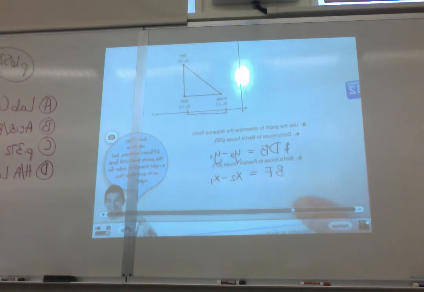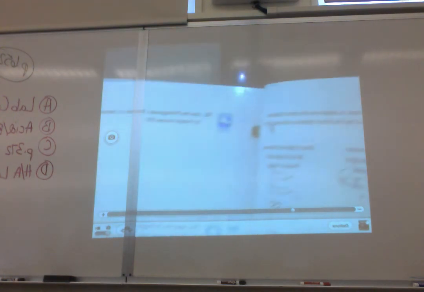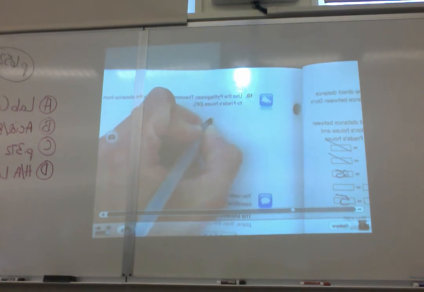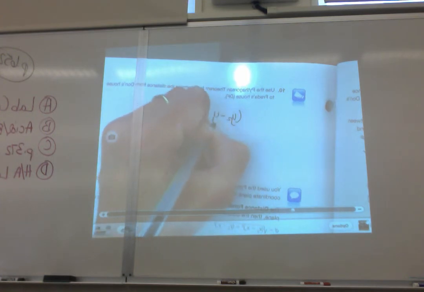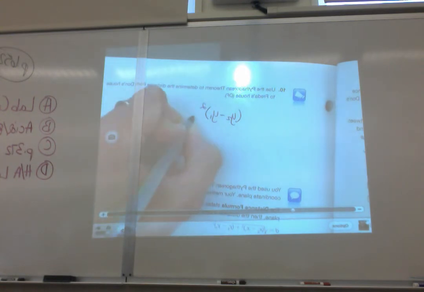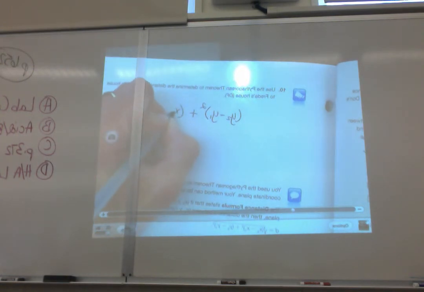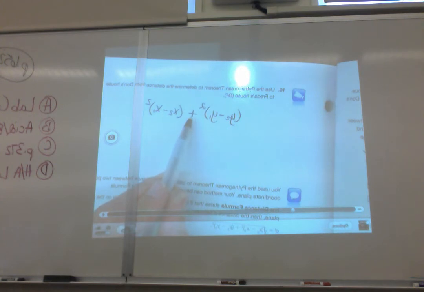You subtract. Use Pythagorean theorem to find the difference between Dawn and Frida. So what we did is we took the one distance, which you can find by subtracting, and squared it. Then we took the other distance, which you can find by subtracting, and squared it. We added those together, and then what did you have to do for a last step?